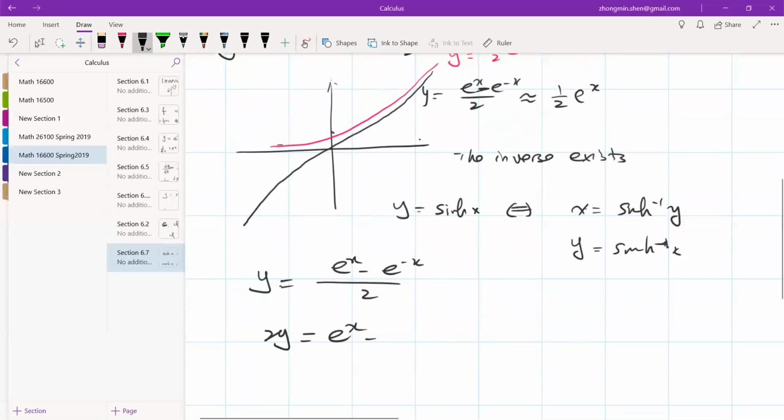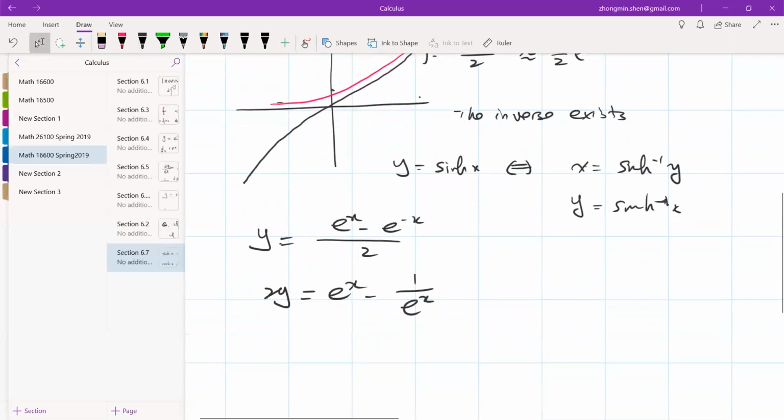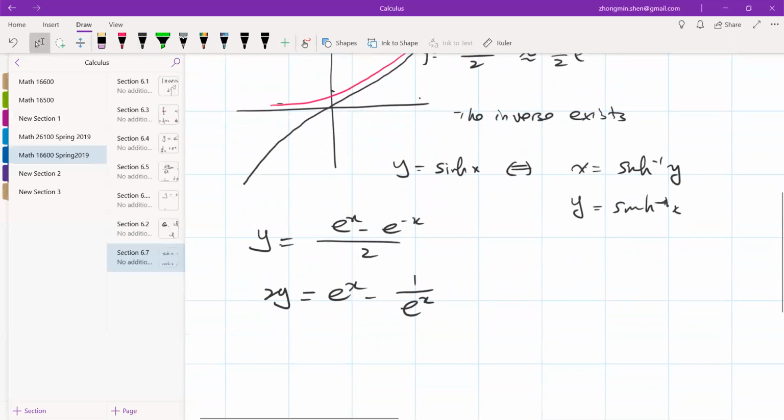And e to the negative x is actually 1 over e to the x, so that's good. How can I solve this equation? This actually becomes a quadratic equation. You multiply both sides by e to the x.